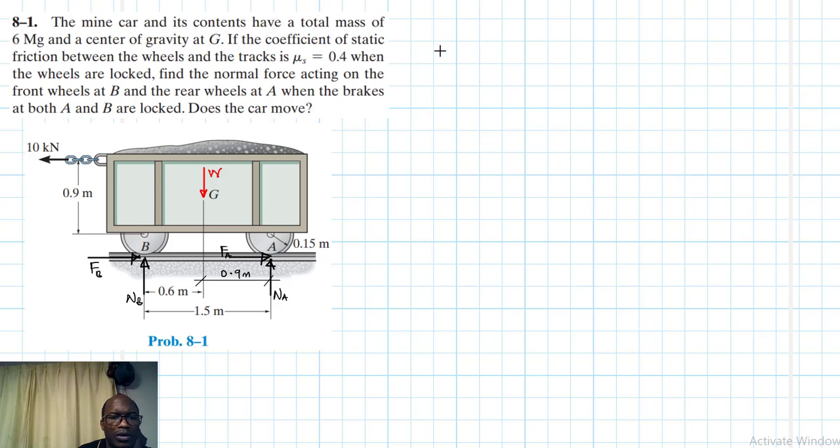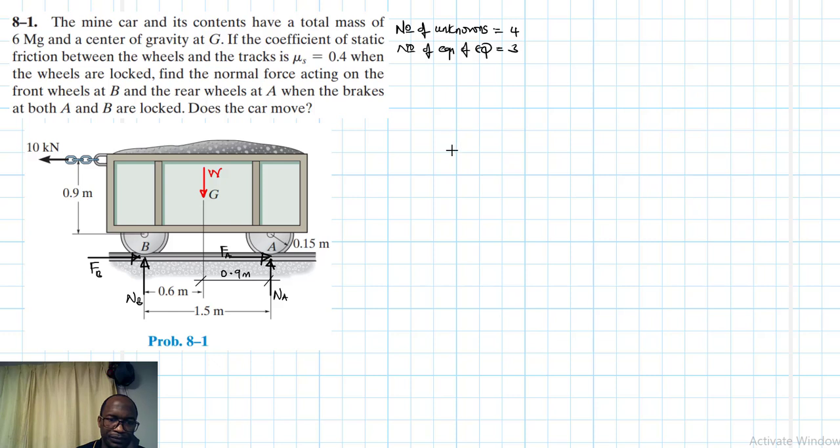Alright. So how many unknowns do we have? Number of unknowns: 1, 2, 3, 4. There are 4. And then of course the number of equations of equilibrium, we have 3.